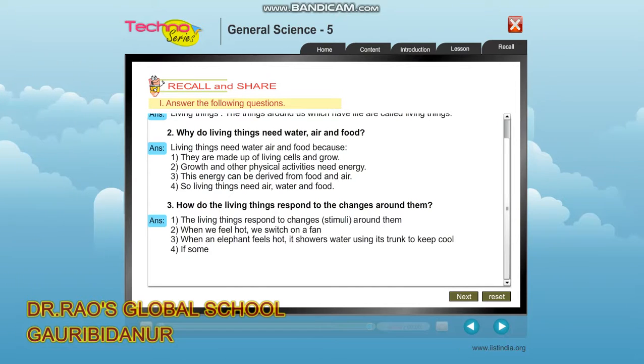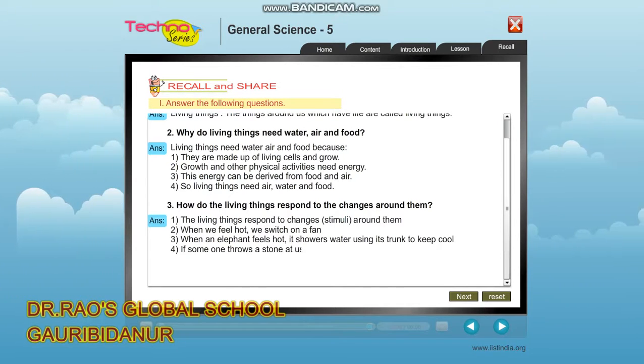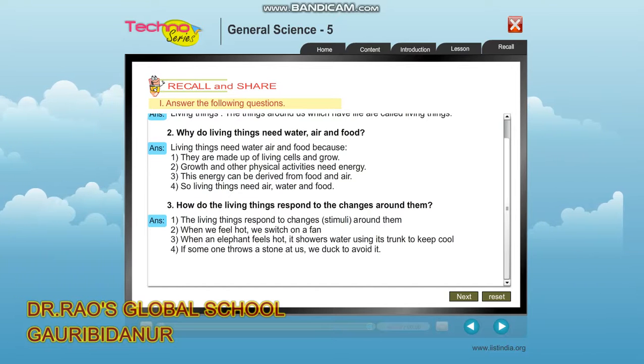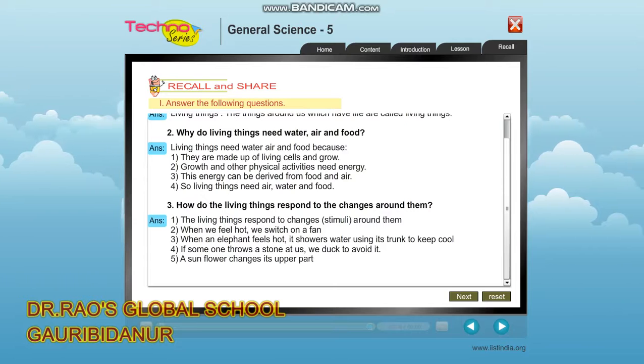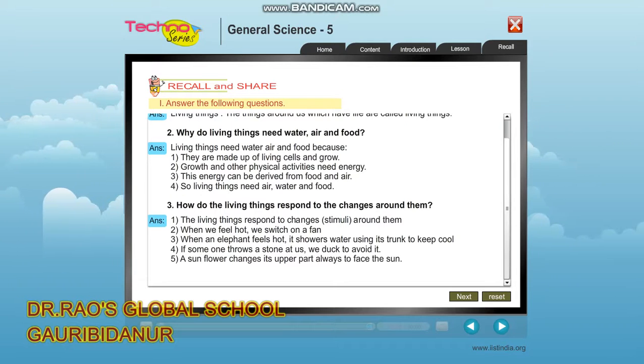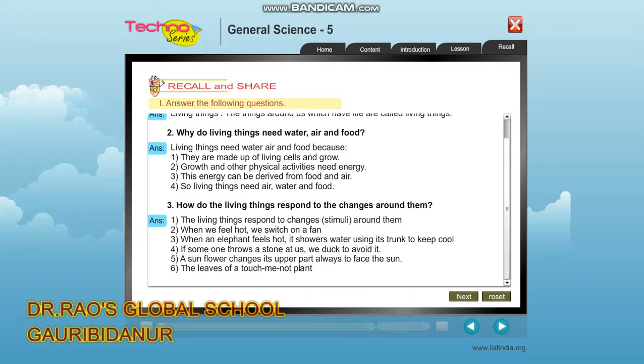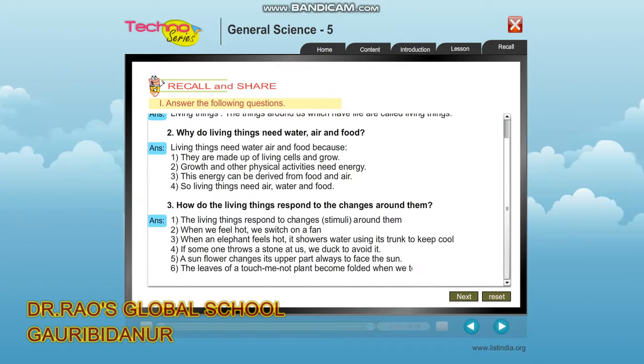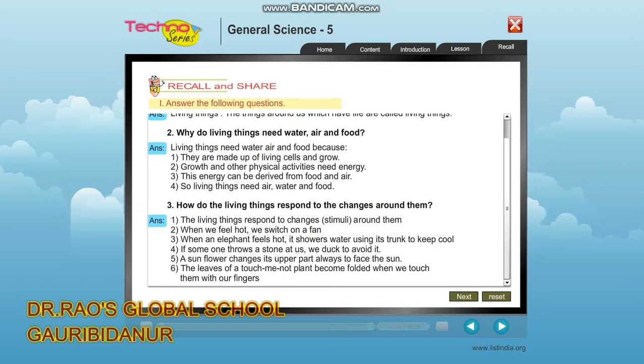If someone throws a stone at us, we duck to avoid it. A sunflower changes its upper part always to face the sun. The leaves of a touch-me-not plant become folded when we touch them with our fingers.